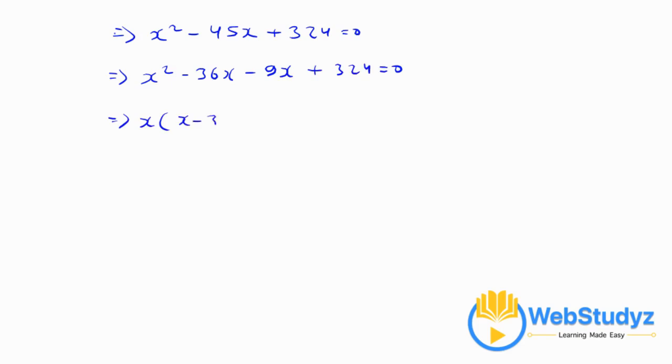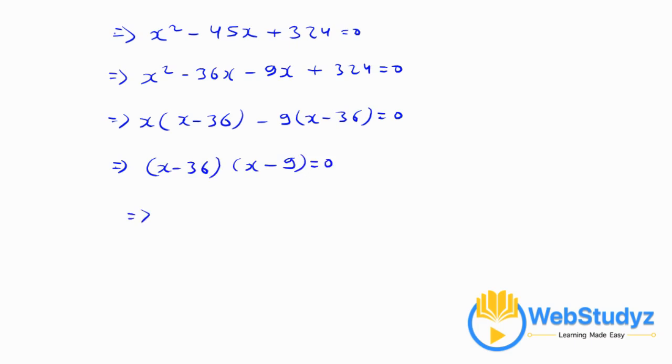Inside we get x minus 36, and minus 9 common, inside we get x minus 36. So the factors will be x minus 36 and x minus 9 equals 0. So from here we get the value of x as 36 and 9.